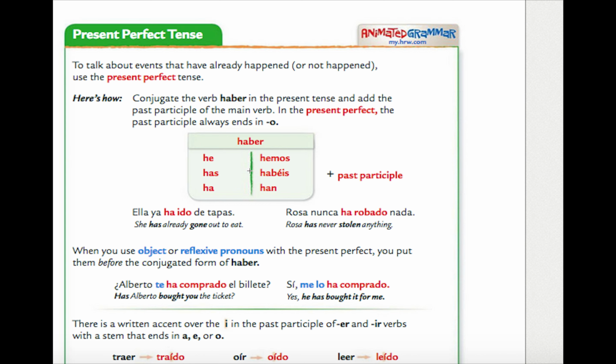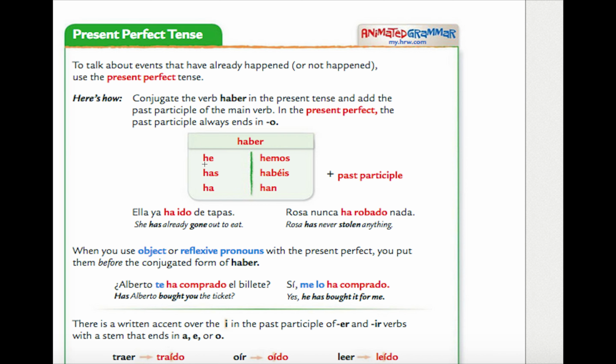Now, what is present perfect? What does that mean? Is to talk about events that have already happened or not, okay? So you use present perfect. Now, in English, we do the same thing. What will be the present perfect in English when you combine the verb have plus pasado participio?